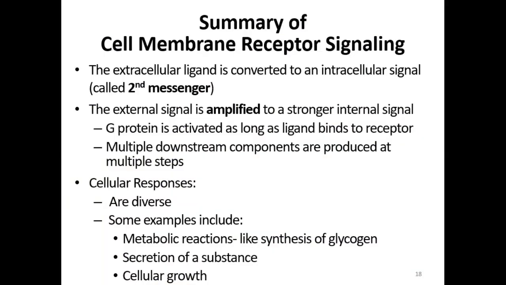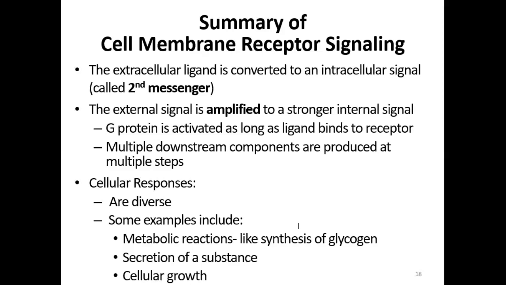So in summary, cell membrane receptor signaling involves an extracellular ligand that is converted to an intracellular signal called a second messenger. The external ligand or signal is amplified to a stronger internal signal.